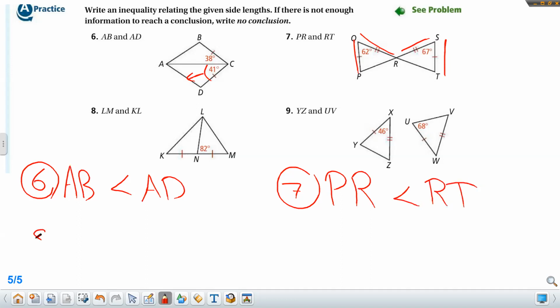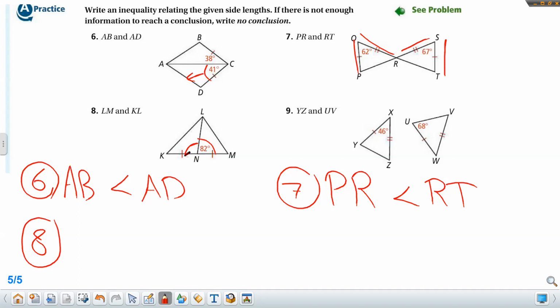Number 8: LM or KL. First, we need to check whether we have enough information. First, NM equals NK. LN is a common side. So we have two sides. What about the included angle? The included angle here is 82. But what about the included angle here? To find it, you must know angle KNM is a straight angle of measure 180 degrees.